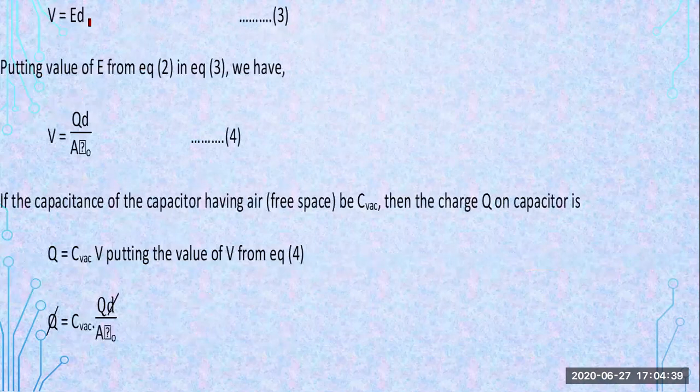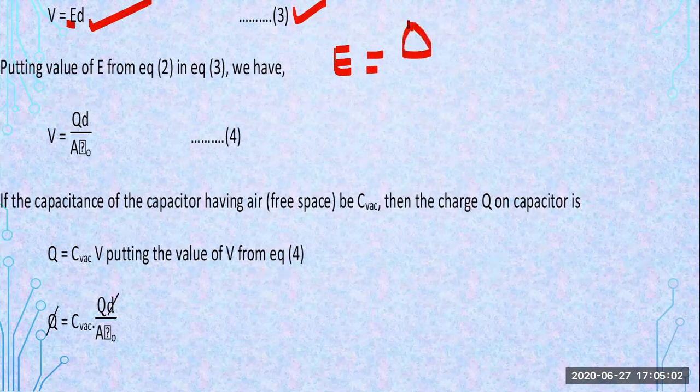So here it is, V is equal to ED, putting the value of E from equation 2 in equation 3. In equation 2 we calculated the value of E, which was equal to Q divided by A epsilon naught.